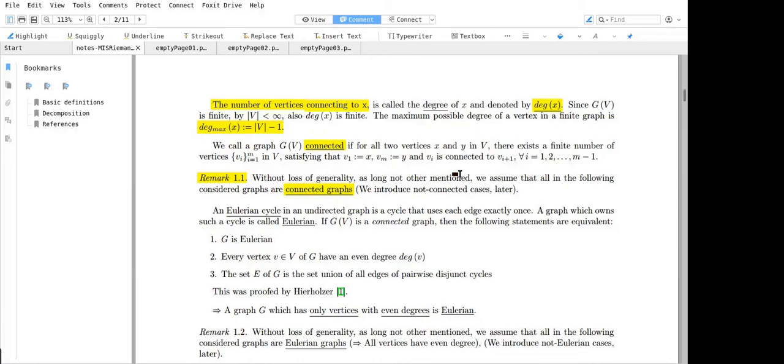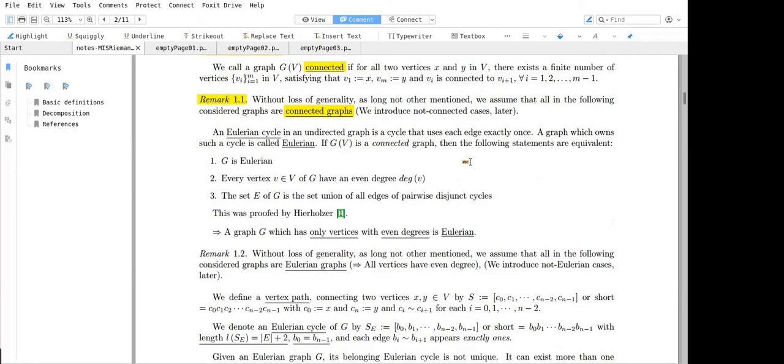So the next important point is that we want to use Eulerian cycles for our algorithm. That's a very important point of this whole approach, so we should mark it.